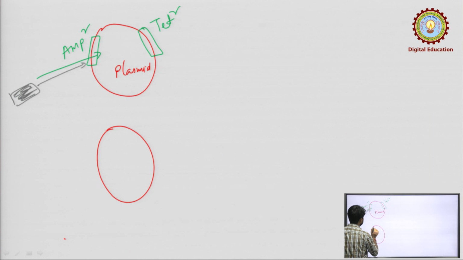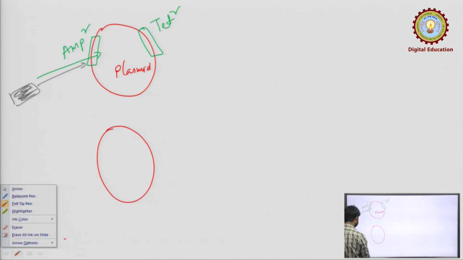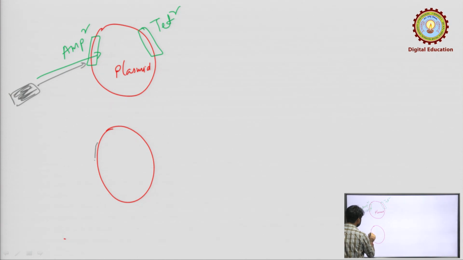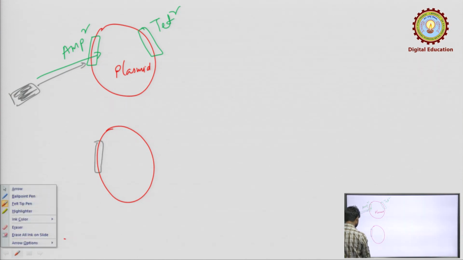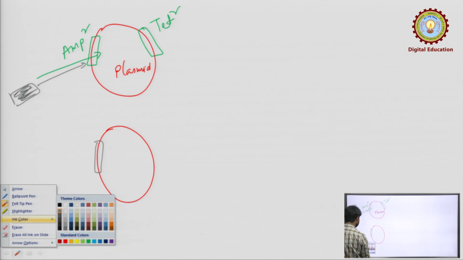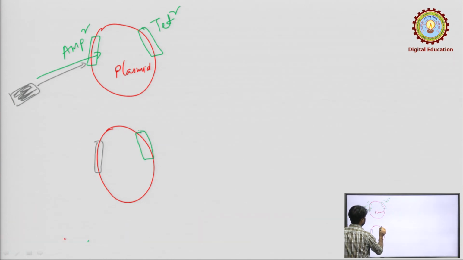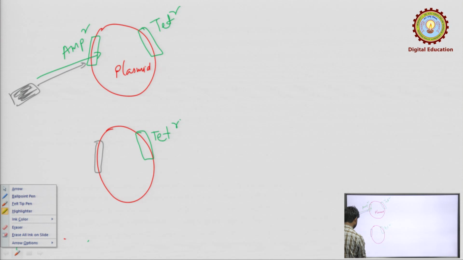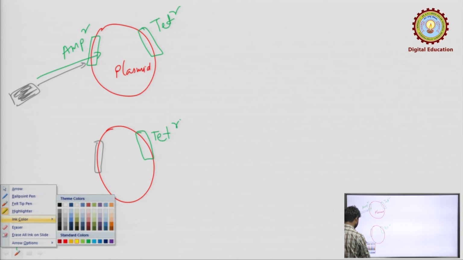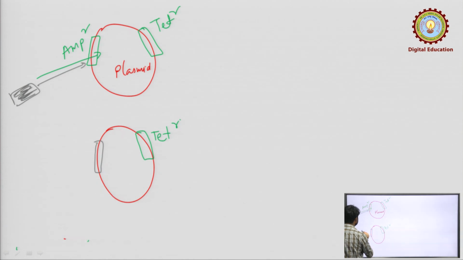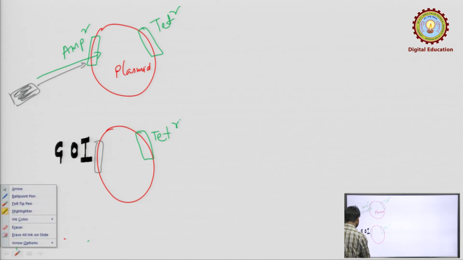So this is the plasmid, and this is our gene of interest here, and here we have the tetracycline gene. So this is the gene of interest, GOI.